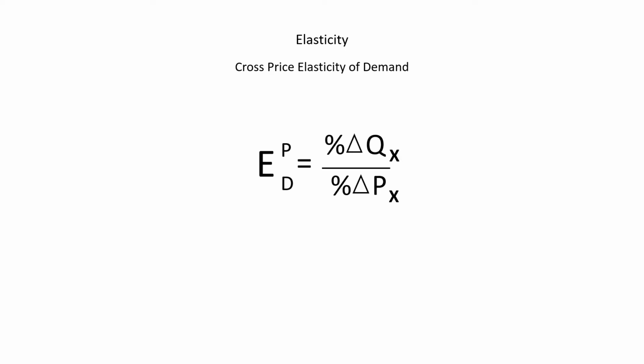We know that the price elasticity of demand is the sensitivity of the quantity of a particular good demanded to changes in its price. As you can see here, the formula is the percent change in the quantity of X demanded divided by the percentage change in the price of X. The subscripts X were absent in the previous video on price elasticity of demand because it was taken for granted that the price and quantity demanded were of the same good.